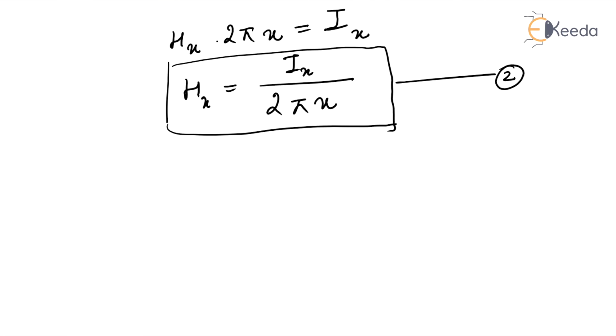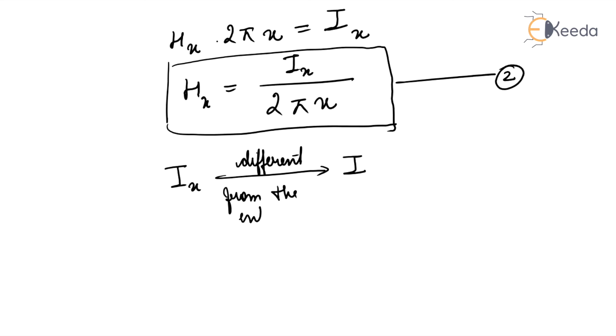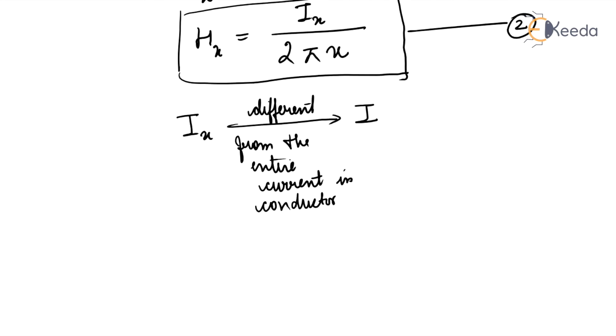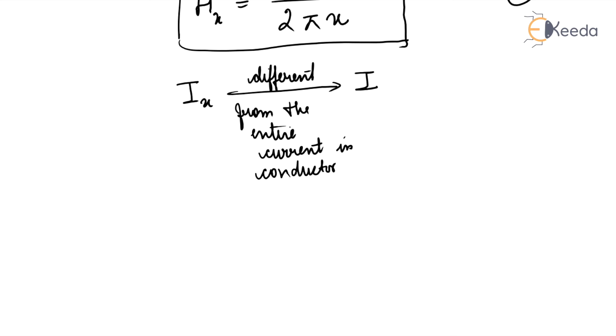What I am saying is that Ix is different from the entire current in the conductor, I. So we know that current flow is directly proportional to the cross-sectional area.